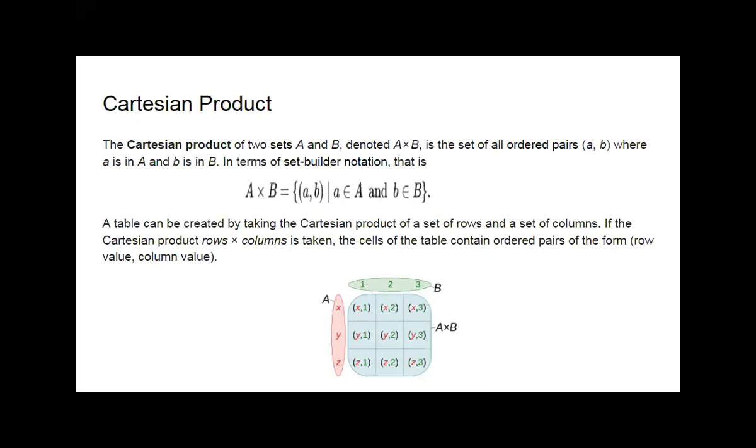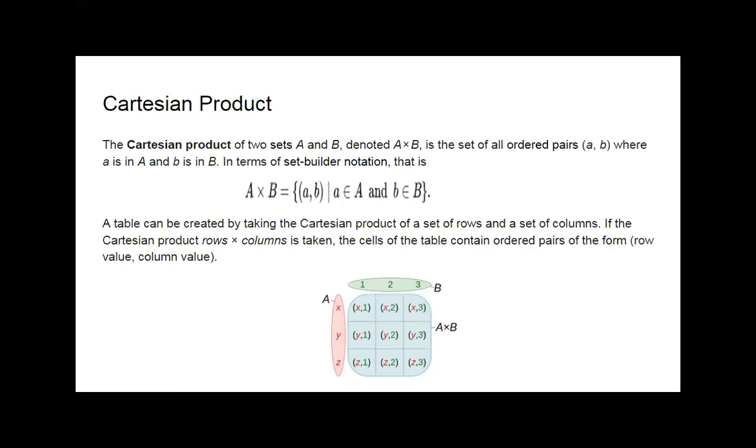Now, the Cartesian product of two sets A and B is denoted by A cross B. Cross is compulsory there. If we are going to take the Cartesian product, then cross is compulsory.